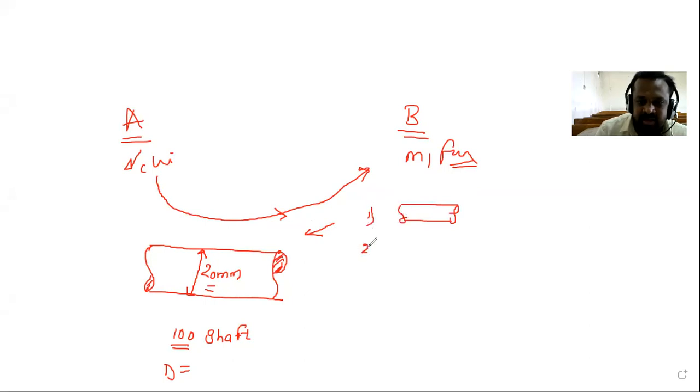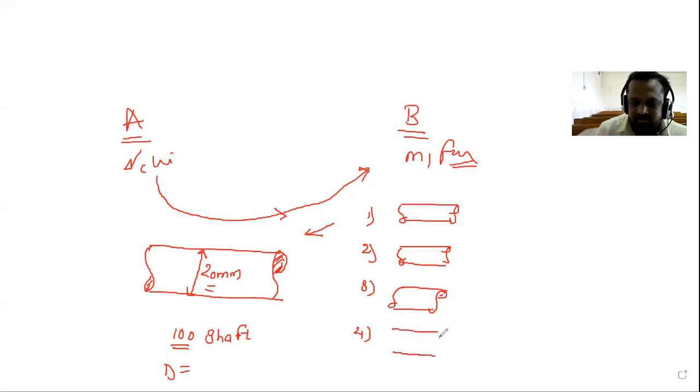This is the first, this is the second, the third, the fourth, then the fifth. Such shafts the B person has manufactured.